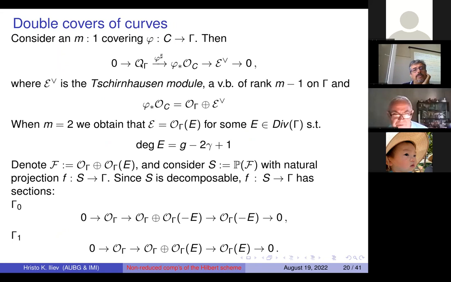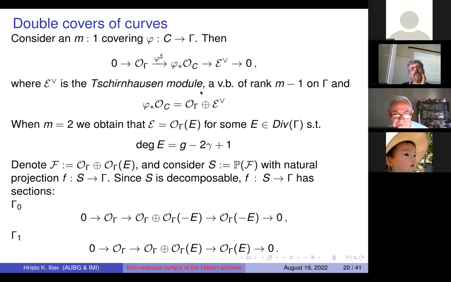So I have the structure sheaf of the base mapped to the push forward of the structure sheaf of the covering curve C, and then we have the cokernel to be the so-called Tschirnhausen module. So the Tschirnhausen module is in fact a vector bundle of rank m-1.